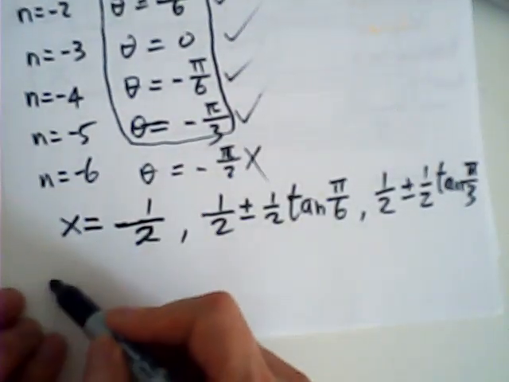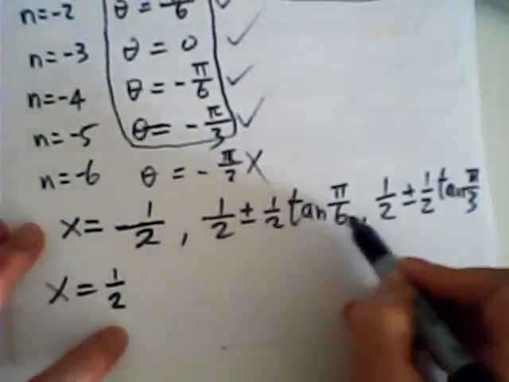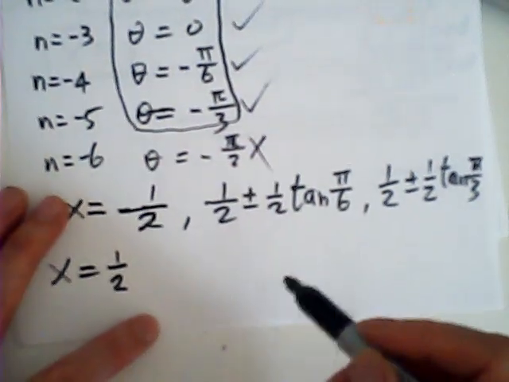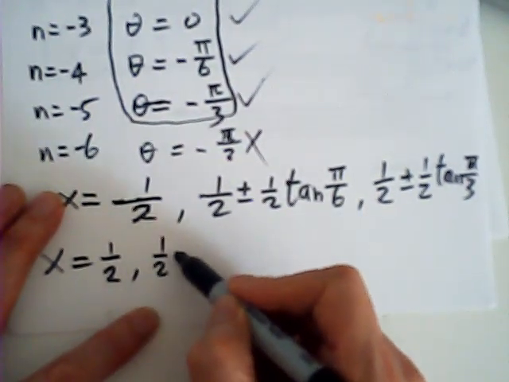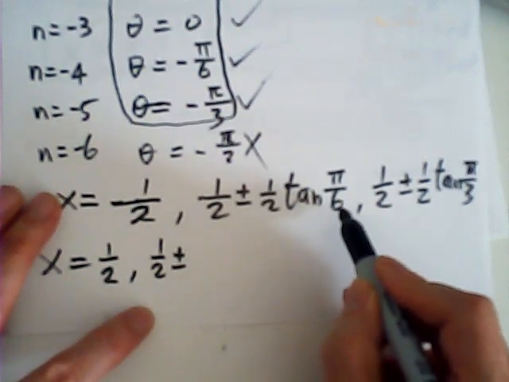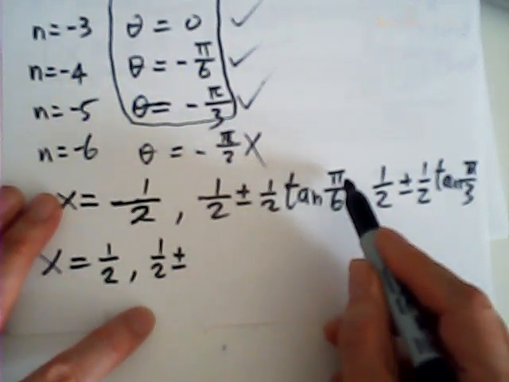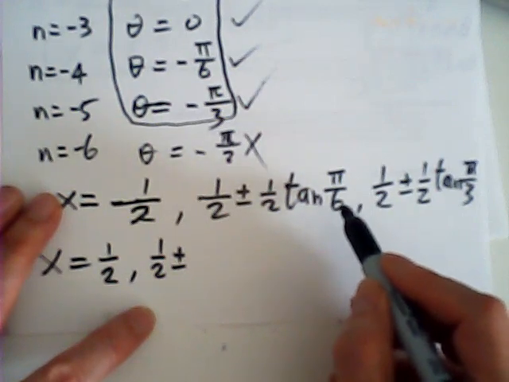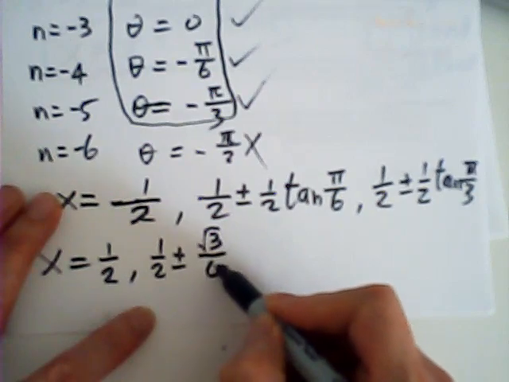Then if we put a numerical value for the angle, this will be half plus or minus. Tangent pi over 6 is root 3 over 3. So this will be root 3 over 6.